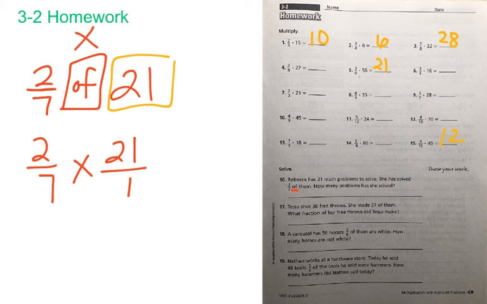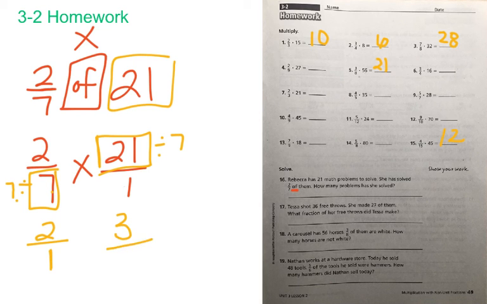Now, here you can again cross-reduce. If you look, you have 7ths as the denominator here, and the numerator here is 21, and 7 can go into 21 evenly because we know 7 times 3 is 21. So we're going to divide both top and bottom over here, bottom by 7. So here we're left with 2 over 1 because 7 divided by 7 is 1. And we're going to divide by 7 over here, and 21 divided by 7 is 3 over 1.